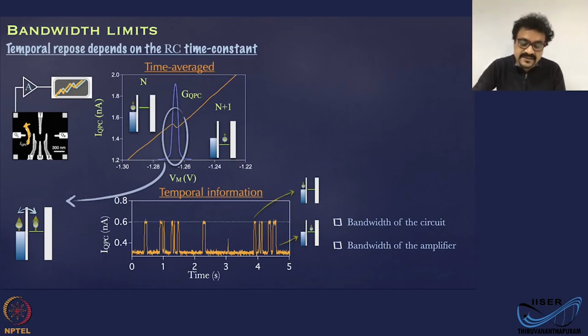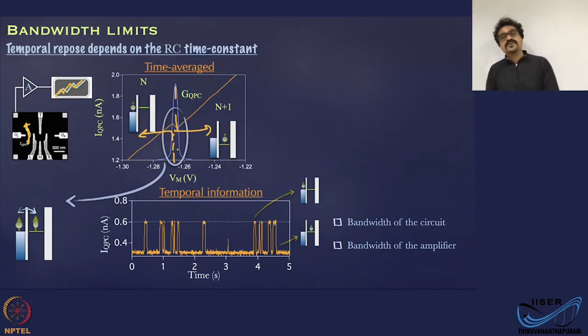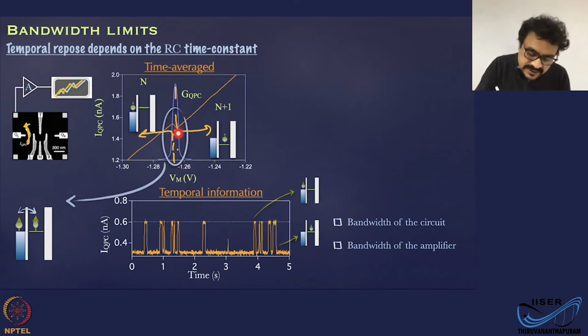For example, in this case, this is the conductance, and on this side of the gate voltage, you can say that the electron is inside, whereas on this side of this gate voltage, you can say the electron is outside. So here the electron is inside, you have n plus 1 electrons. Here the electron is outside, you have n electrons. Okay, and at this gate voltage, what we are saying is that these two states are degenerate, or this tunneling process happens.